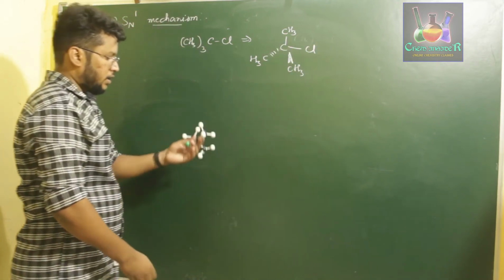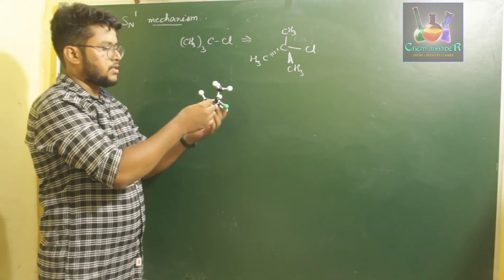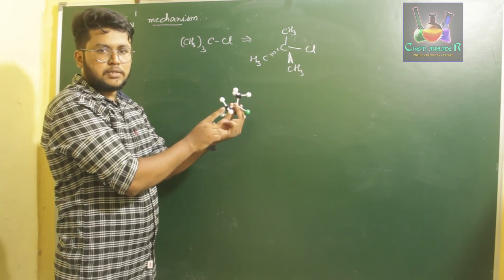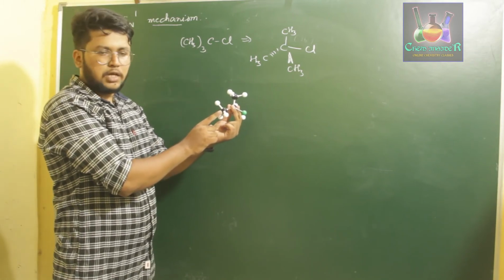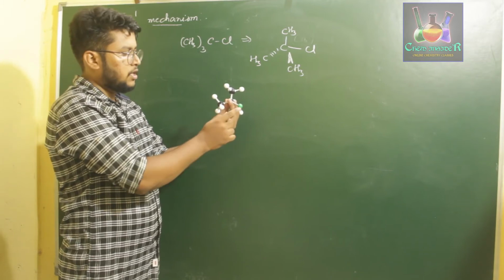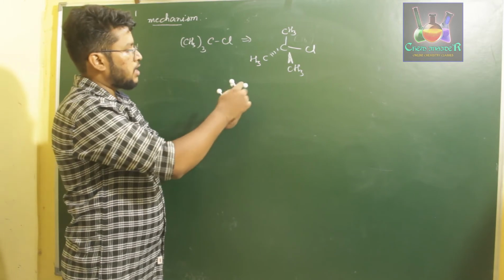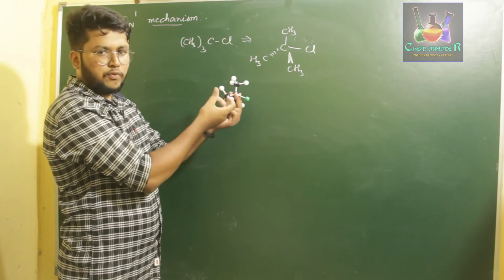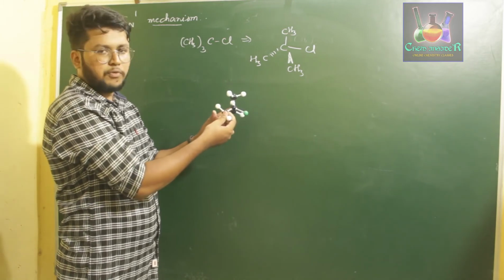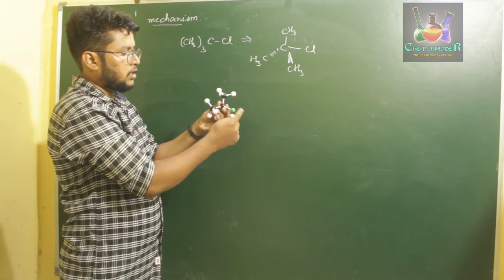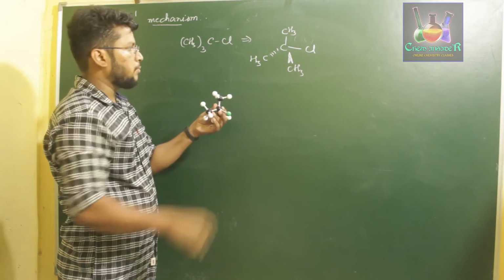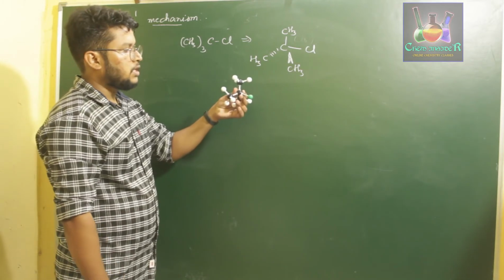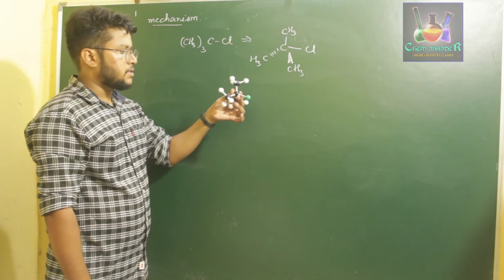If you consider these carbon atoms as black balls, these as hydrogen and this as chlorine, the carbon has one CH3 at the top, one at the front and one behind the plane, and the chlorine atom is in the plane. So this is the tertiary butyl chloride.